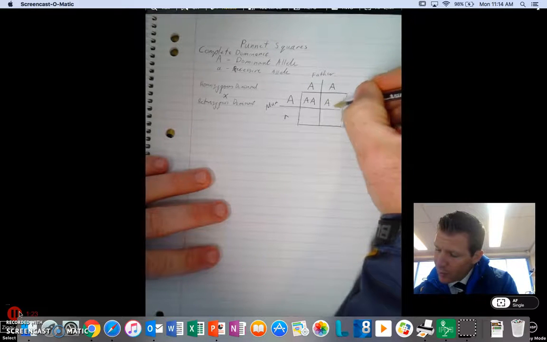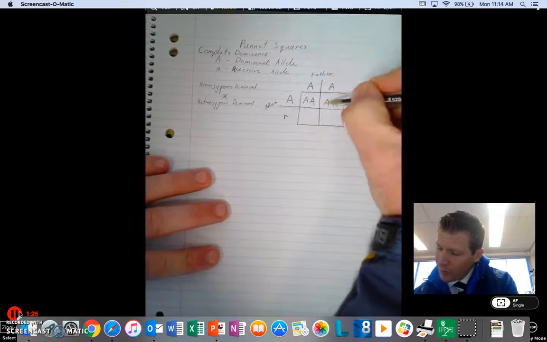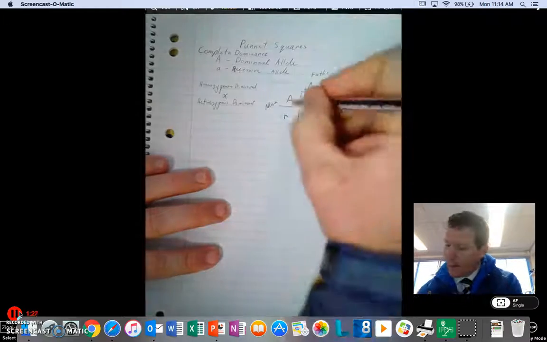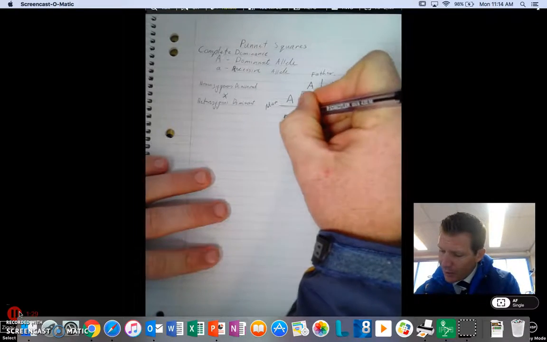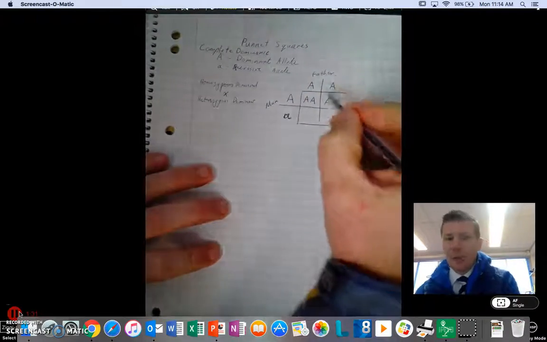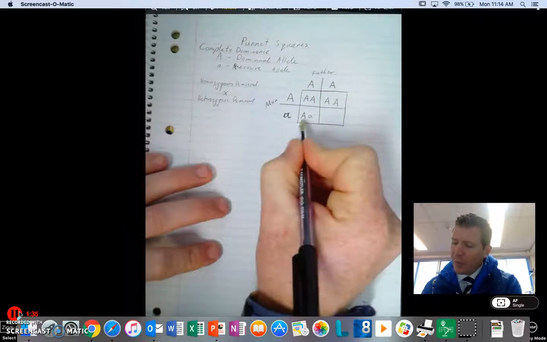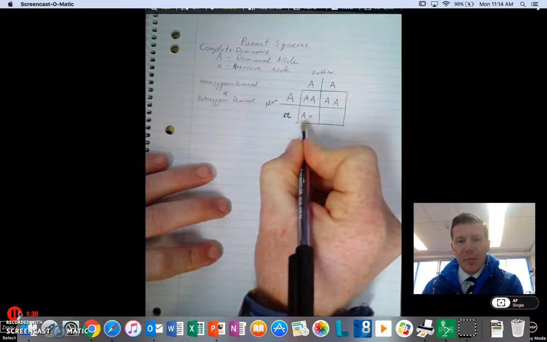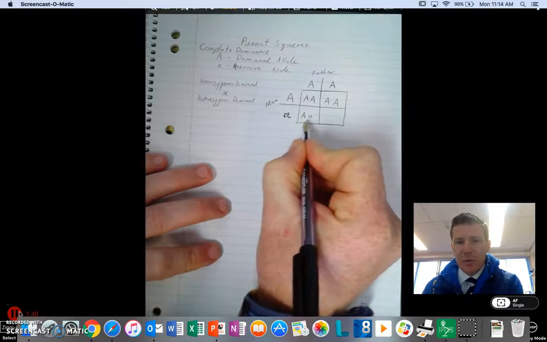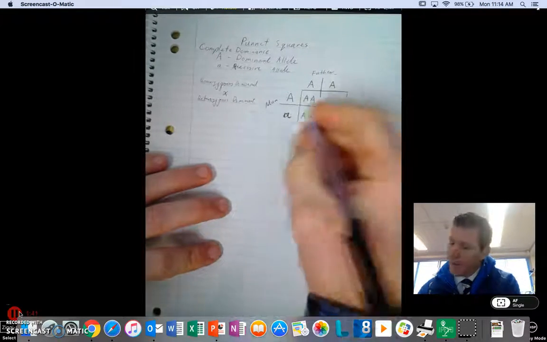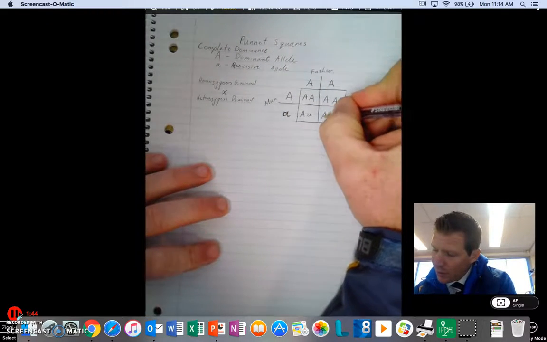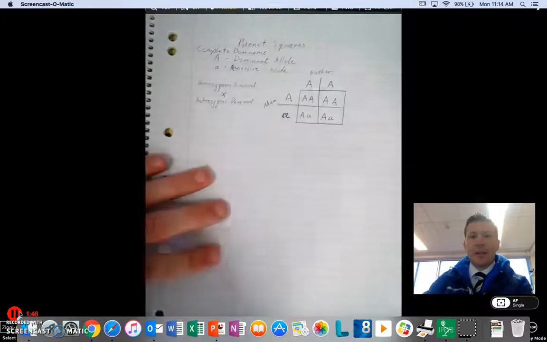Another one here is big A, so that one across, that one down. It should be an A there, not an R. Okay, big A, little a. Now remember, if there's a capital, you put that first. You always put the dominant one first, irrespective of what order. And then the same one here, big A, little a there.